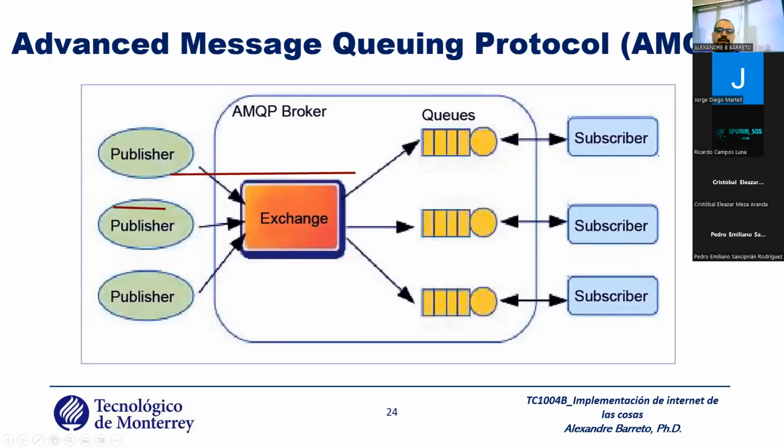For example, if you use AMQP, you have the AMQP broker. In the AMQP broker, you have multiple publishers and you support queues, okay? And the subscribers do not access the broker directly, they access the queues.